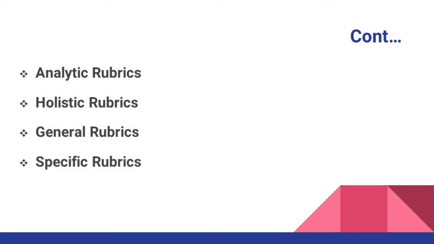The last type is specific rubrics. Specific rubrics are specific to the performance tasks with which they are used. They include specific descriptions of performance related to a particular problem or task.